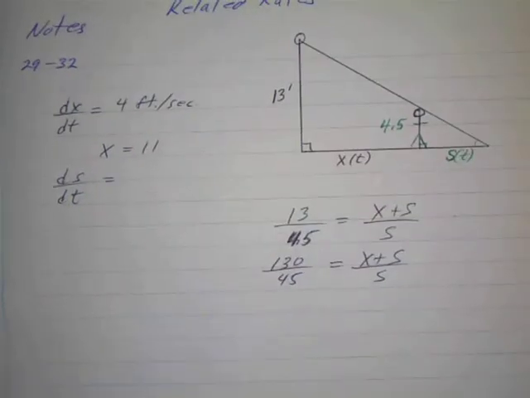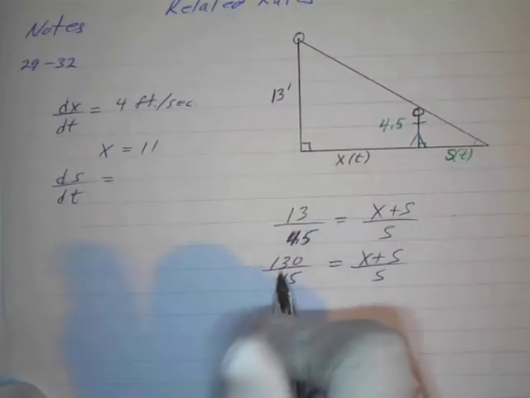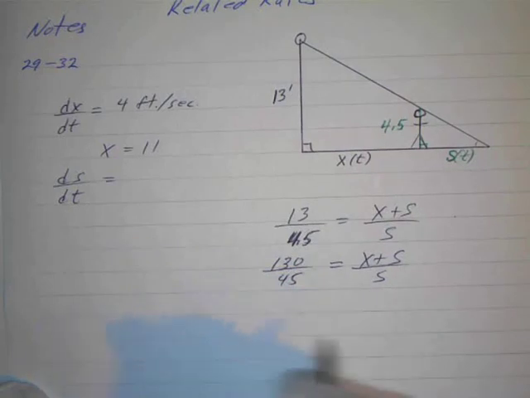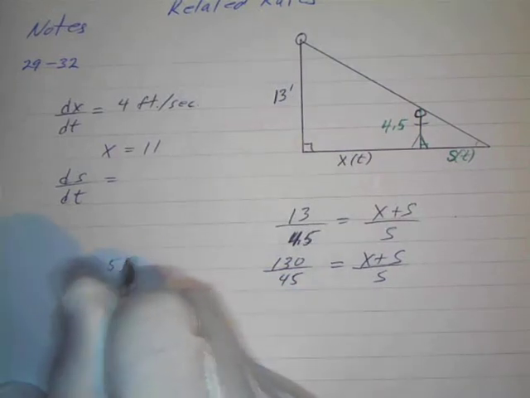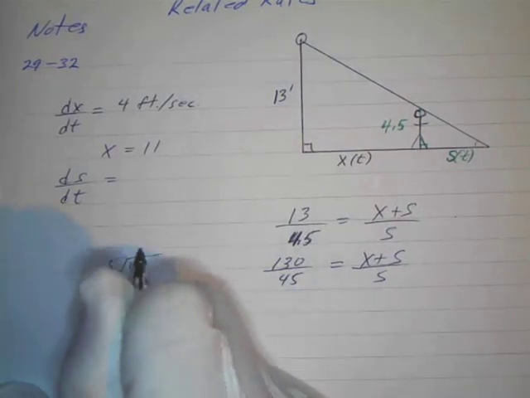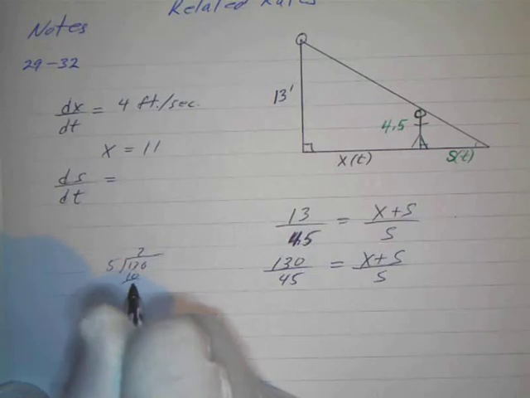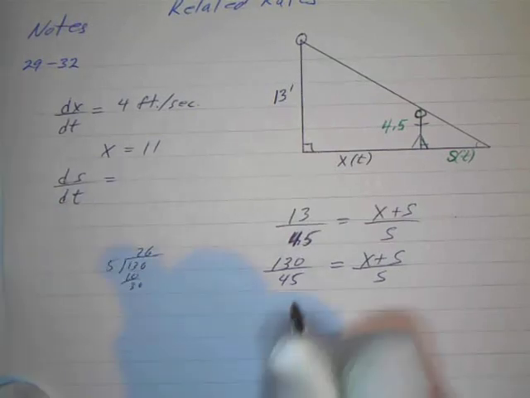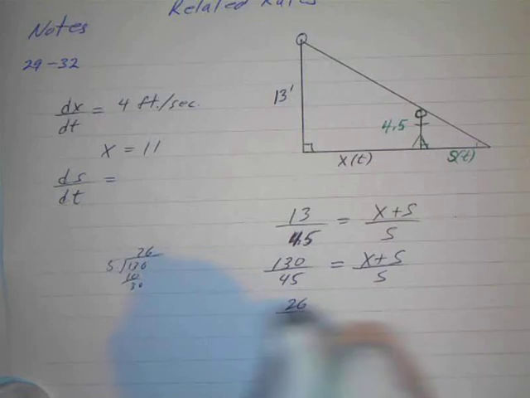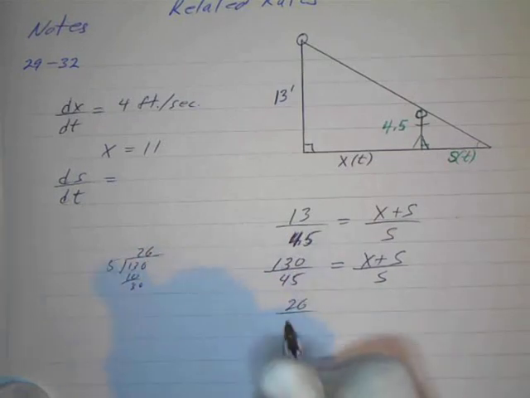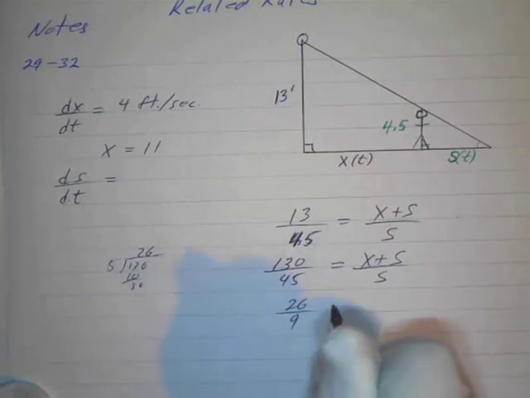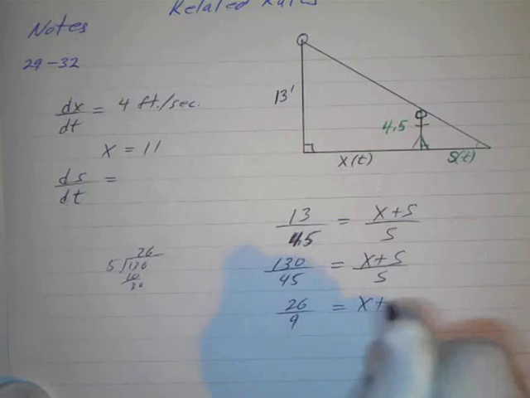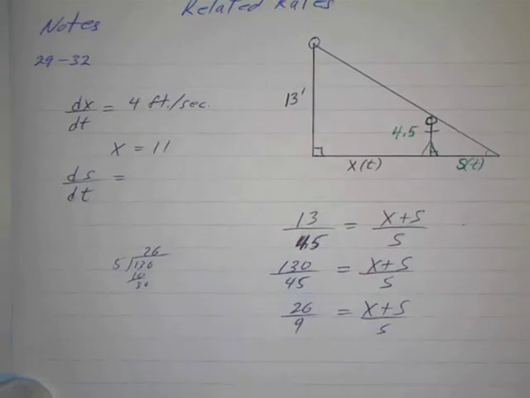Then I can simplify this. 5 goes into both of those. 5 goes into 130 twenty-six times, so I've got 26 over, and 5 goes into 45 nine times. So that equals 26 over 9 equals x plus s all over s.